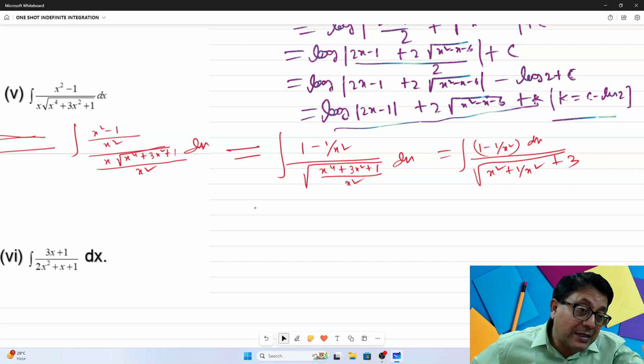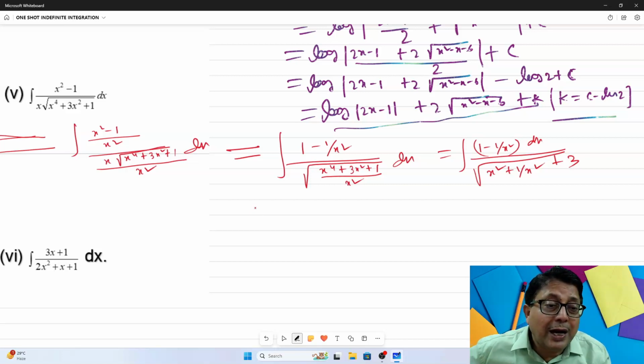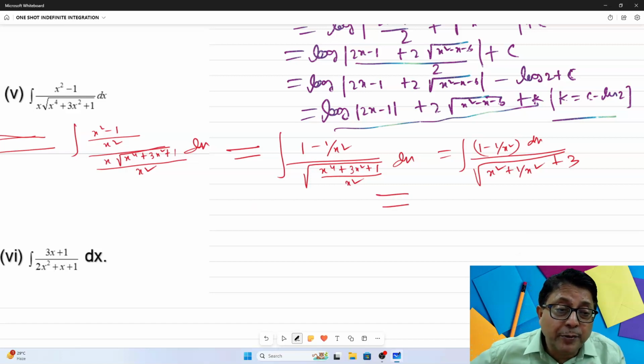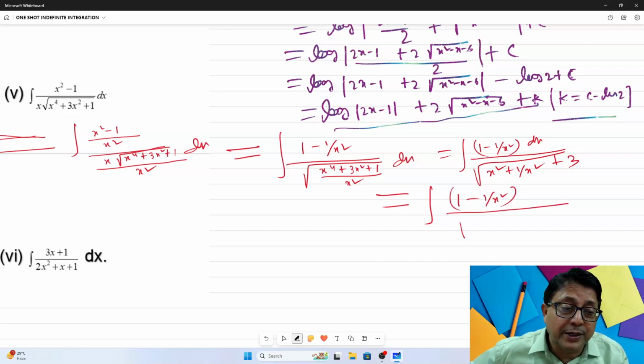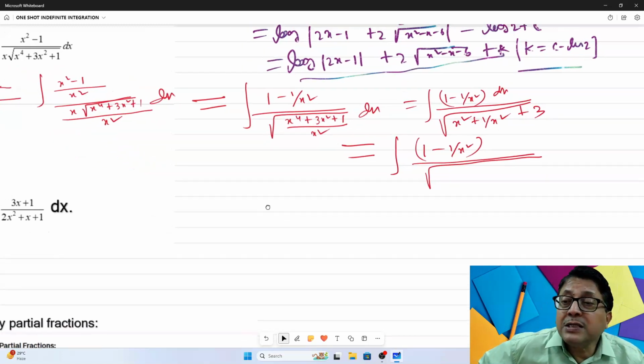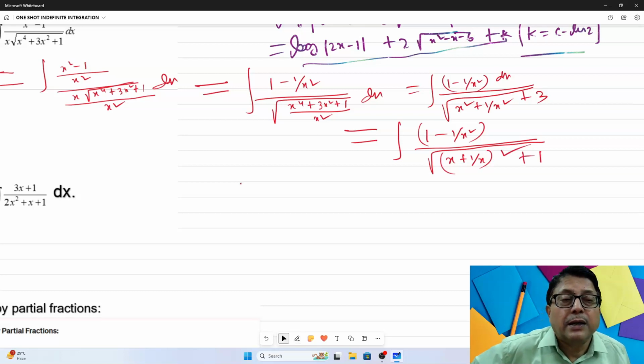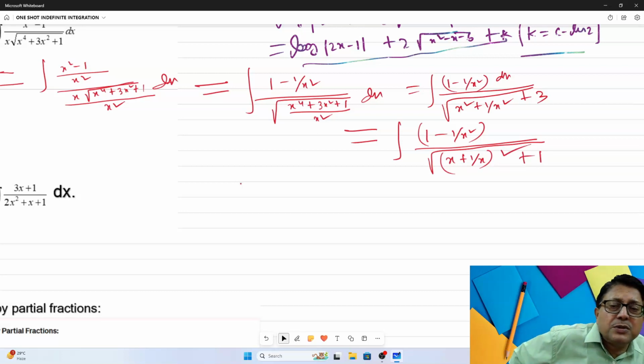I want to get f dash x by fx plus something form. So I have to express the denominator inside root whatever there, whose derivative will give you the numerator. Okay. 1 minus 1 by x square you can get if you write x plus 1 by x whole square plus 1.